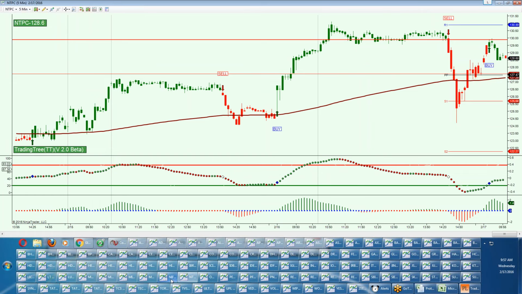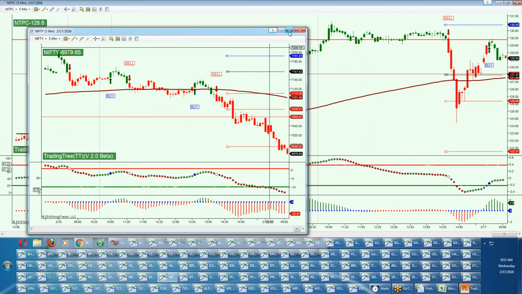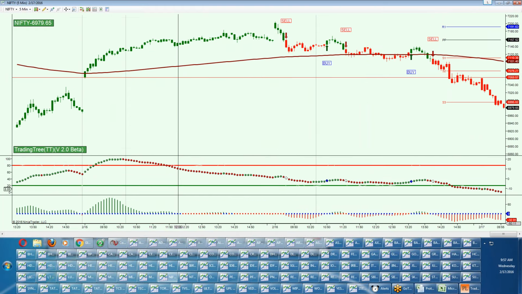It's time to exit NTPC. You can expect a sell call there.